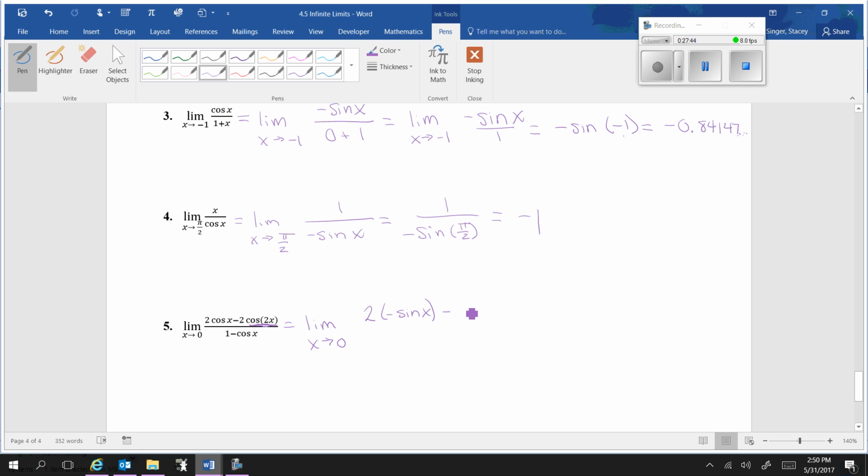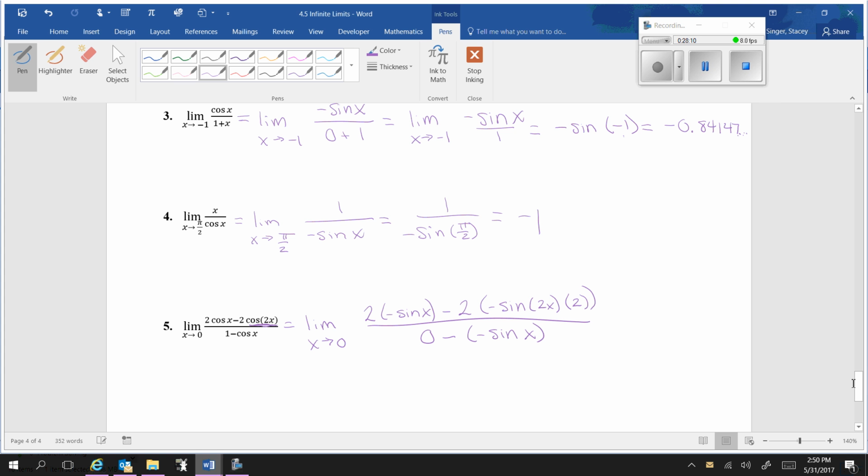So 2 times derivative of cosine is negative sine of 2x. And then remember, chain rule, you take the derivative of the outside, which would be cosine, times the derivative of the inside, which would be 2x, is becoming 2, divided by derivative of 1 is 0, derivative of cosine is negative sine.